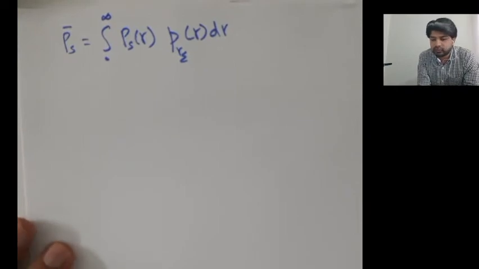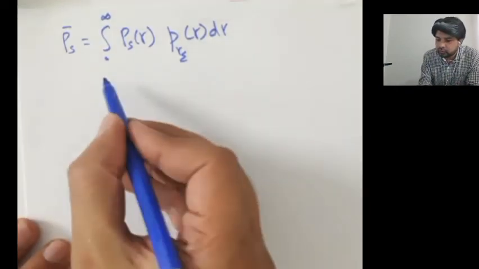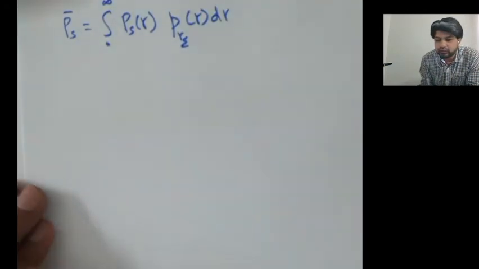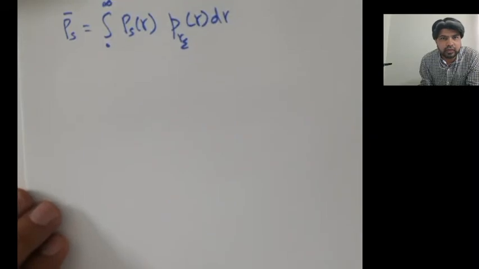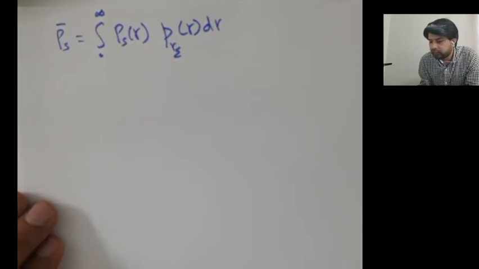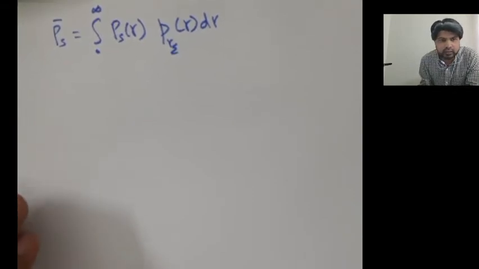So if you do the simulation for this, by the way, for a specific type of modulation like BPSK, we have a closed form expression for this gamma S bar, but that is only for specific types of modulation schemes, and that is given in your textbook.